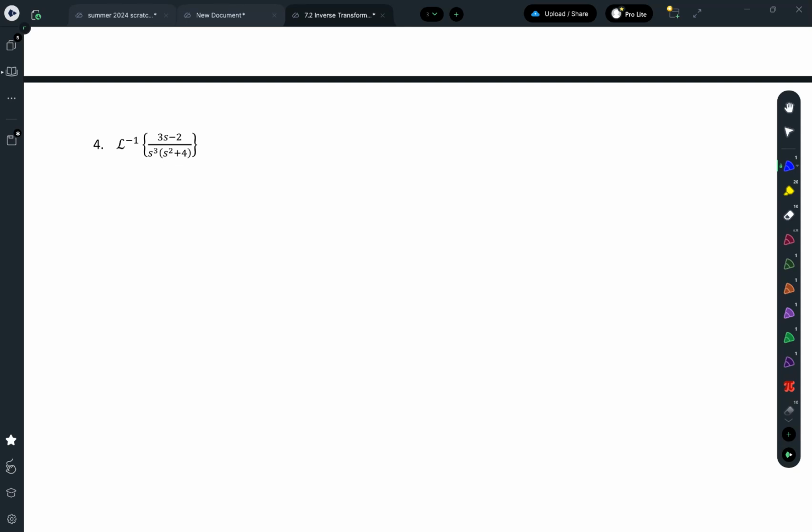I need to break this up into pieces so that I can get the form inside to look right. Right now I have one fraction, but it has 4 factors in the denominator.